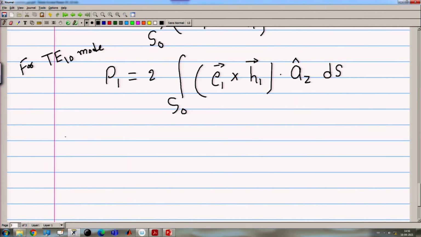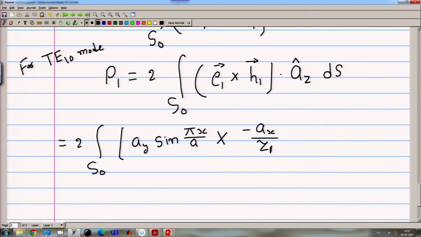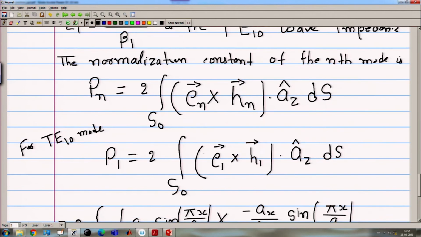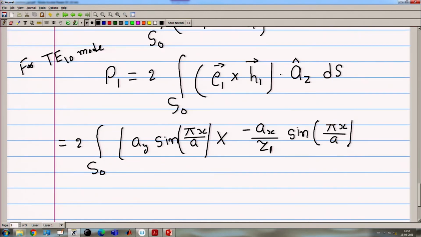So, after substituting, this will be 2 upon S naught, E1 is a y by sin of pi x by a, cross with minus a x upon z1 sin of pi x upon a. So, this is H1, dotted with Az ds.